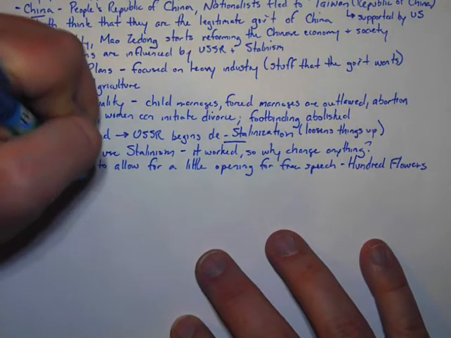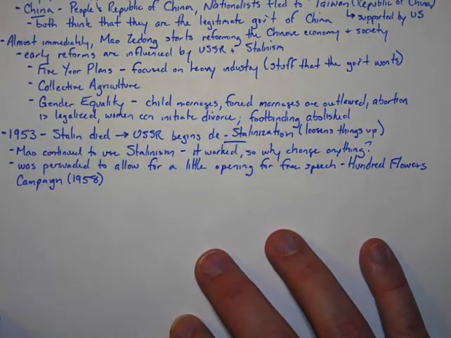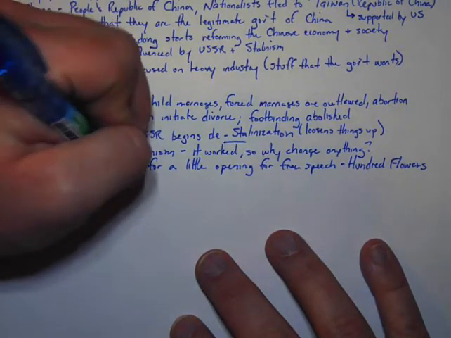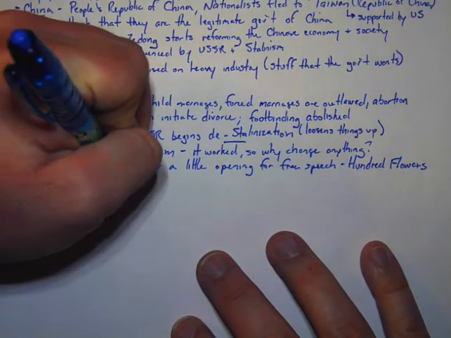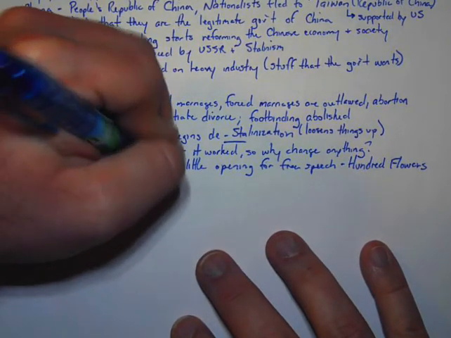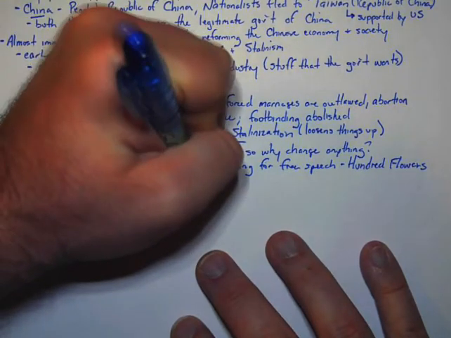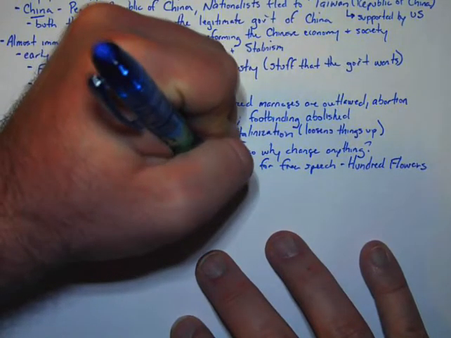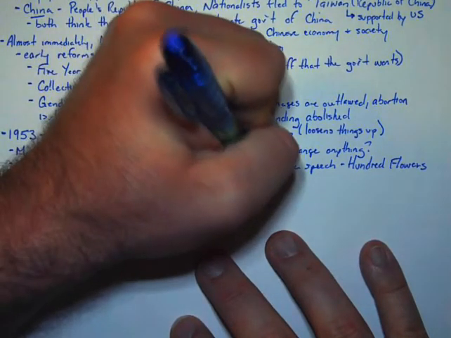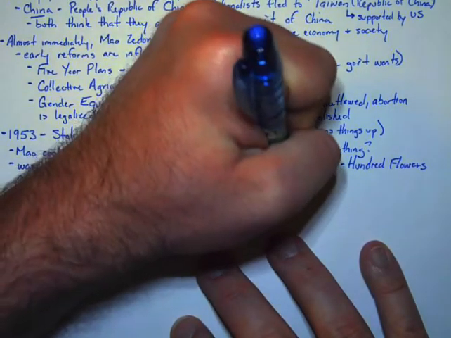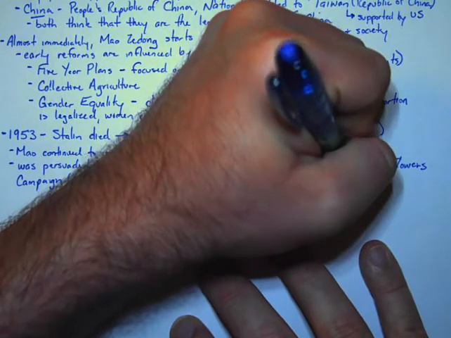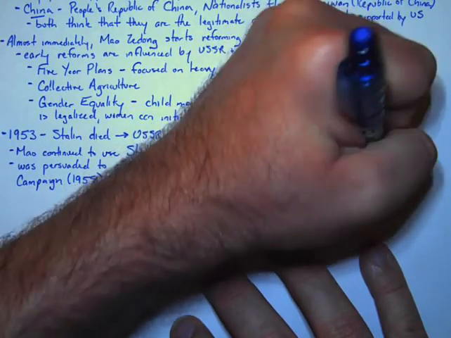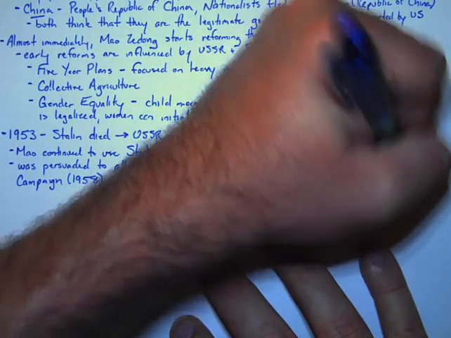This is in 1958. Basically, what the 100 Flowers campaign did was it allowed for criticism of the Communist Party and alternative ideas.